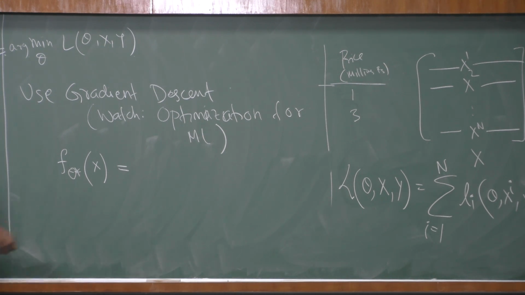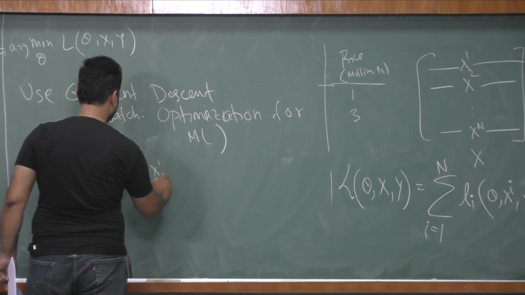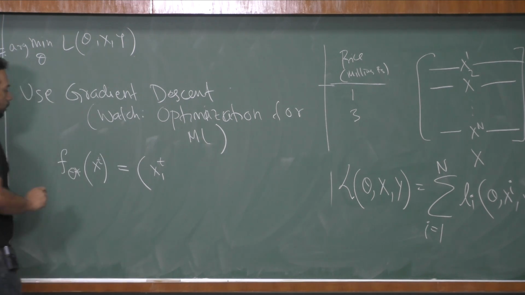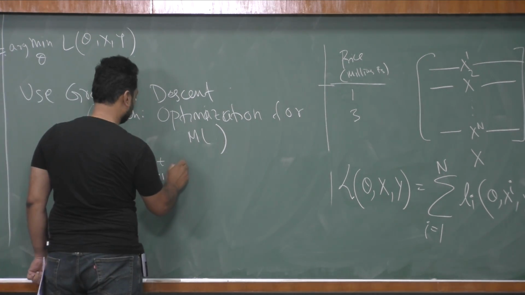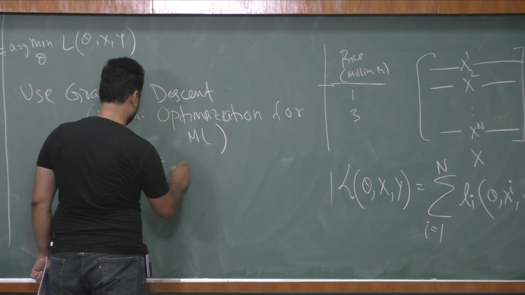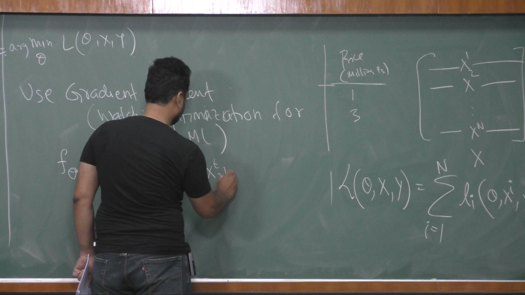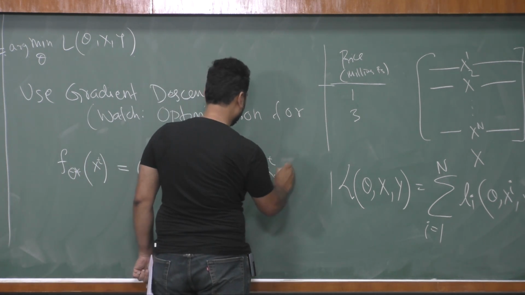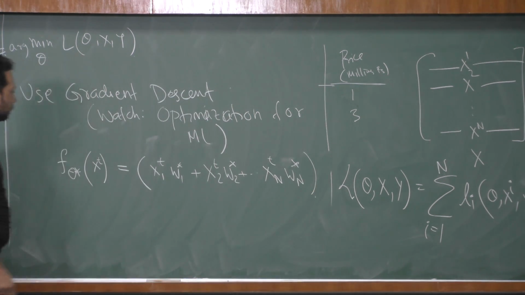Let us say the test data is denoted by x superscript t. Then the prediction is xt1 w star 1, plus xt2 w star 2, plus xtn w star n. So this becomes my prediction function now.